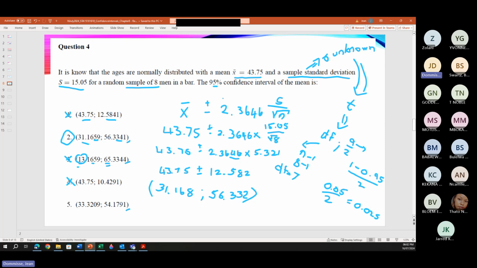For interest's sake, let's check if we used the Z, it would have been that instead of the 12. So then it would have given us option 5. So if we use the Z and said, okay, but the standard deviation is known, we used the Z as 1.96, option 5 would have been the answer that you would have picked.